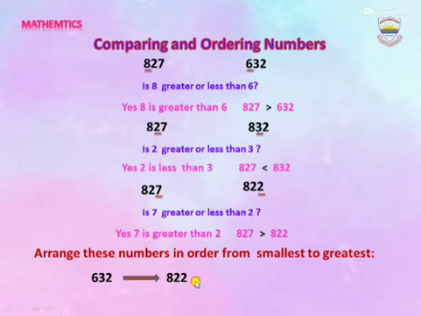After 822, the next number is 827. And after 827, we have the biggest number is 832. The arrangement is smallest to greater is 632, 822, 827 and 832.